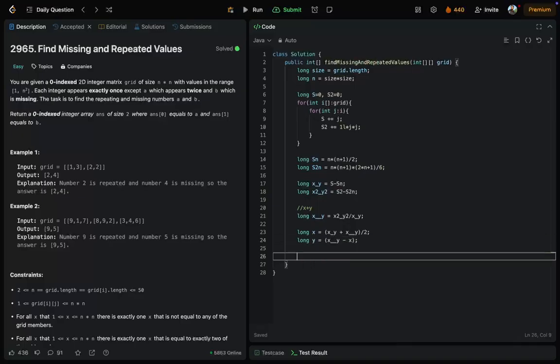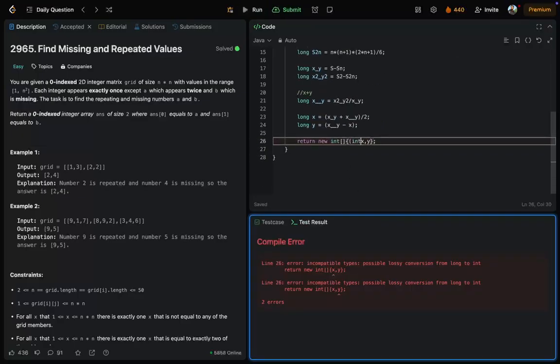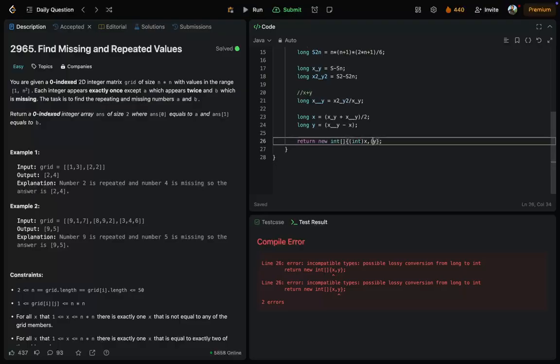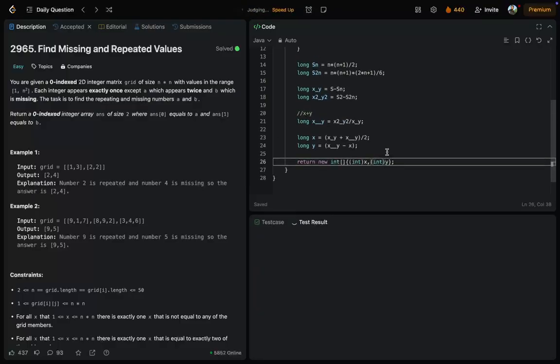Then just return the values. This will not work. We have to convert into integer. Yes, let's submit this.